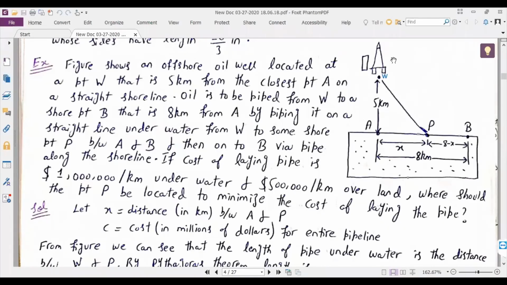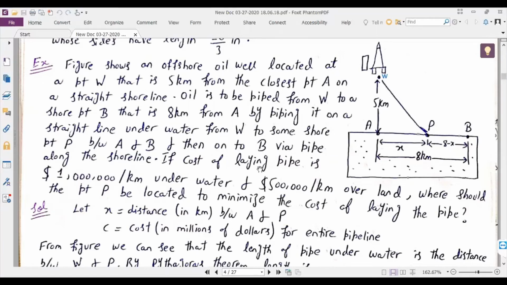Now moving towards the next example, the figure shows an offshore oil well located at a point W that is 5 kilometers from the closest point A on a straight shoreline. This is 5 kilometers away. Oil is to be piped from W to a shore point B that is 8 kilometers from A. This is 8 kilometers from A, by piping it on a straight line underwater from W to some shore point P between A and B, and then on to B via pipe along the shoreline.